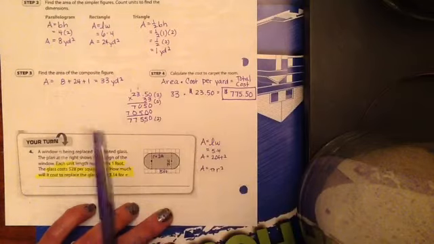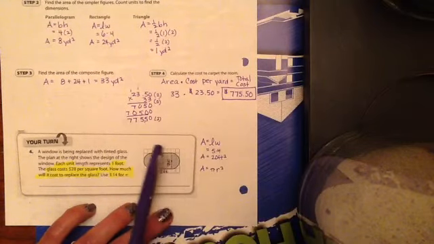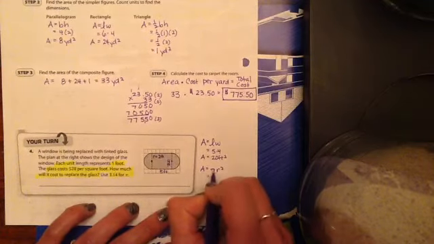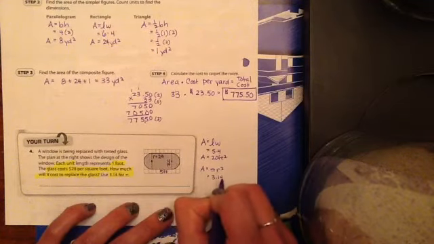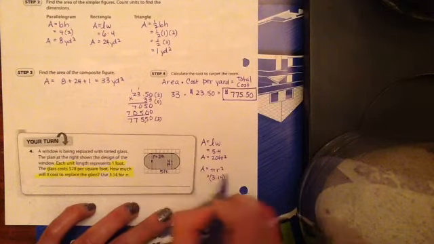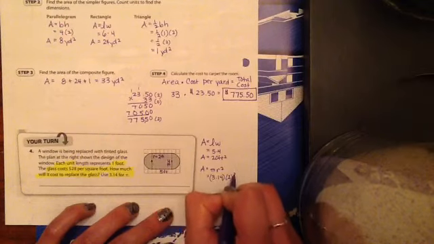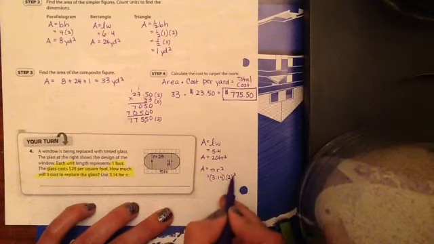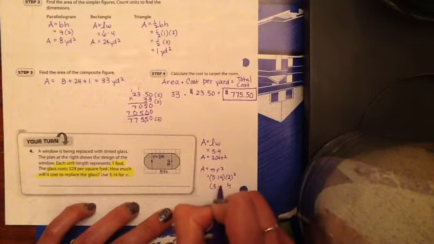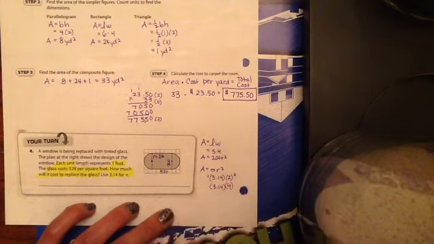This time it's not just half a circle, it's the whole thing, so we don't have to worry about cutting it in half. That's going to be pi is 3.14. R, remember my radius is halfway across the circle from the center, so that's 2. And we're squaring it. So we have to evaluate the power first. That's 4. And we're going to have to multiply pi times 4.